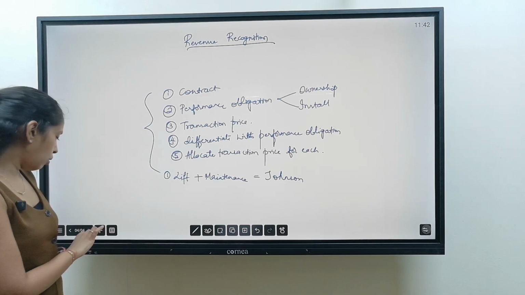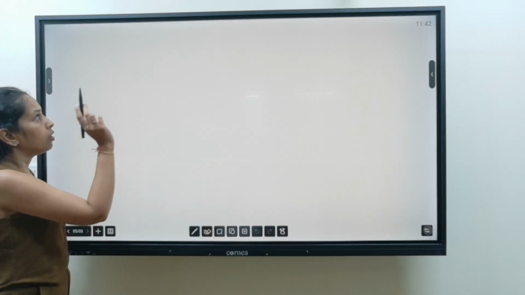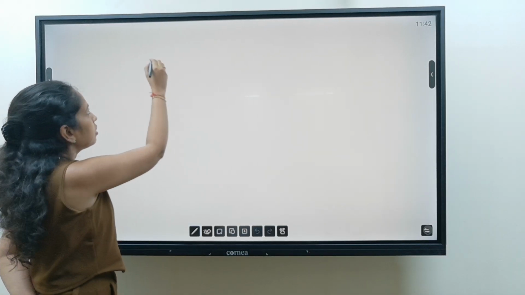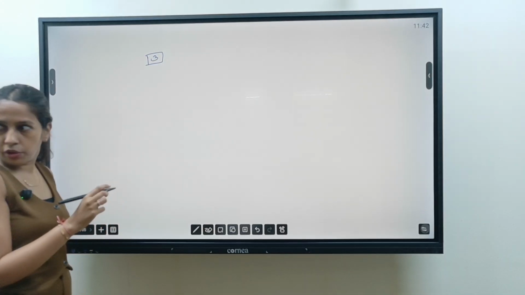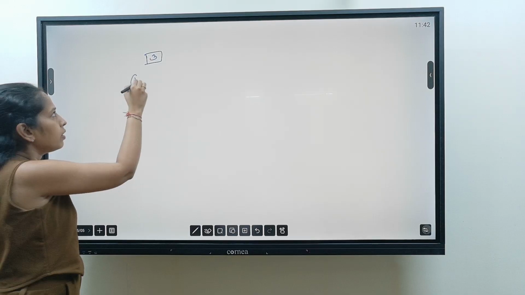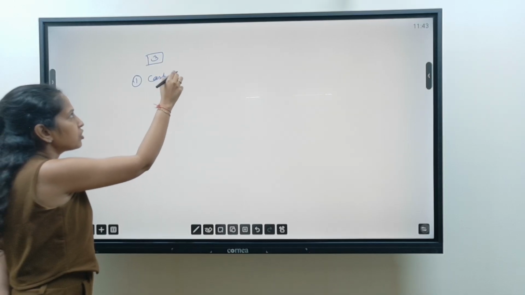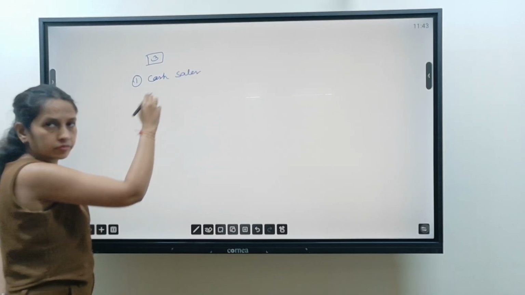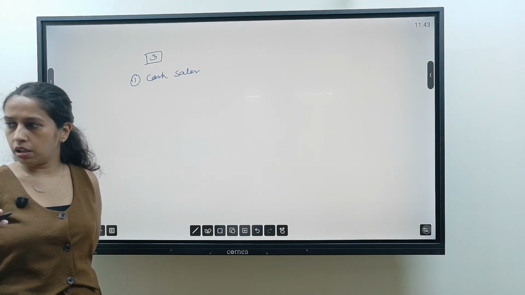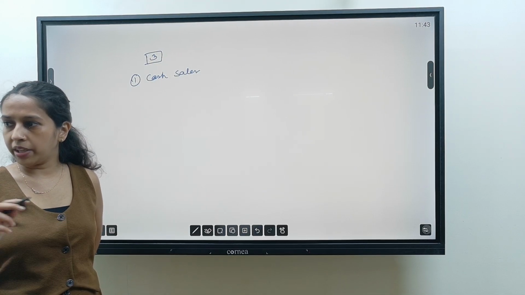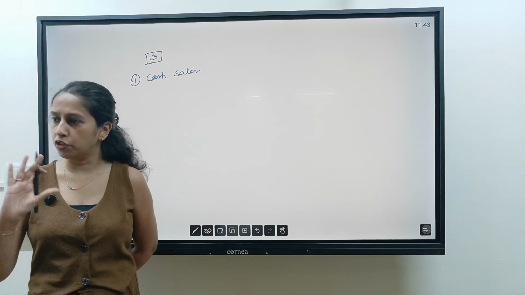Now if we talk about revenue, there are three different ways in which we basically get revenue. One is cash sales: you go to a store, the seller makes a sale, and you walk out of the store taking ownership of the product for which you have paid.